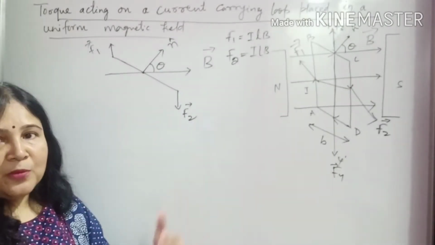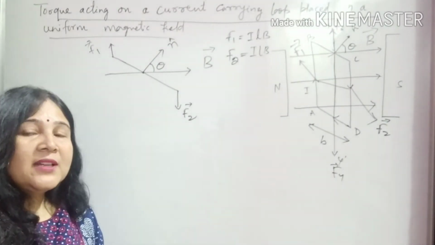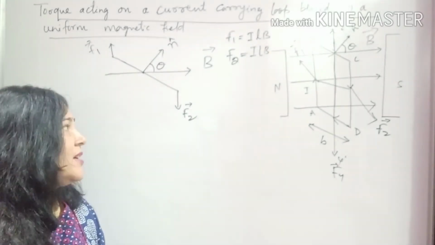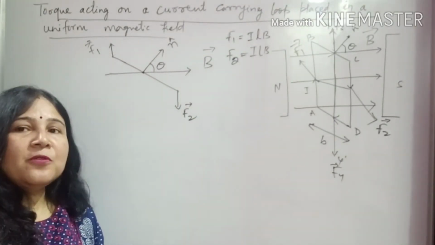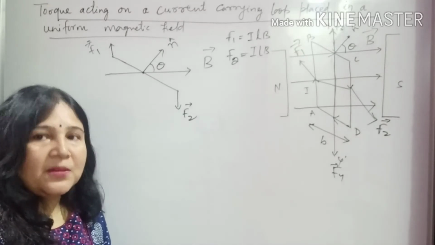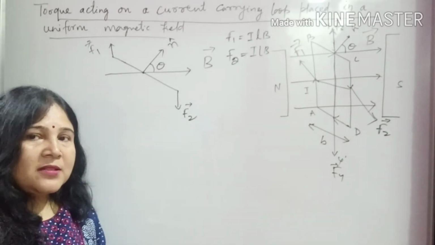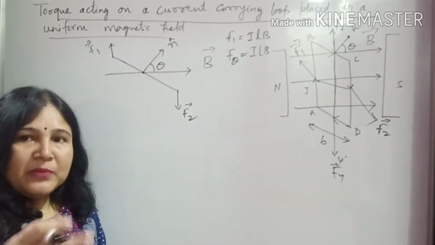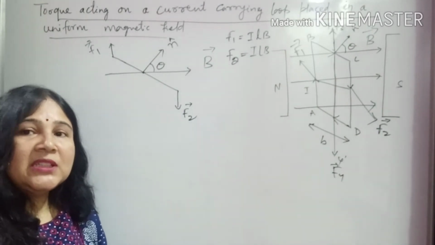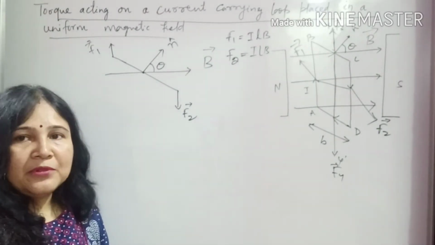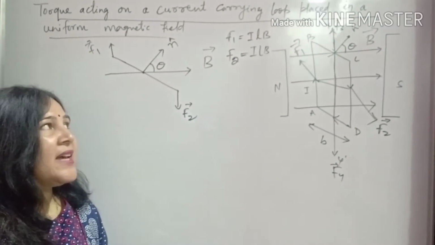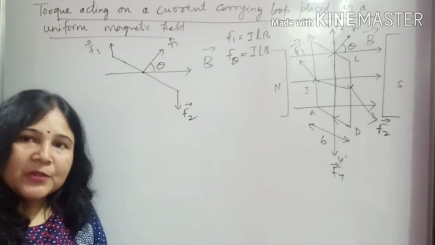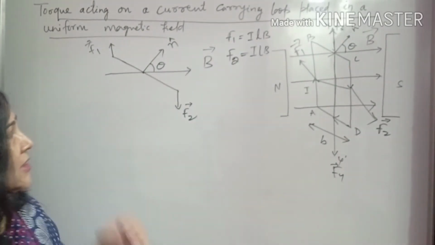They act in opposite directions but not along the same line. In that case, these two equal and opposite forces constitute a couple. And when a couple acts, a torque will act. Now we have to calculate the torque acting on this current carrying loop.